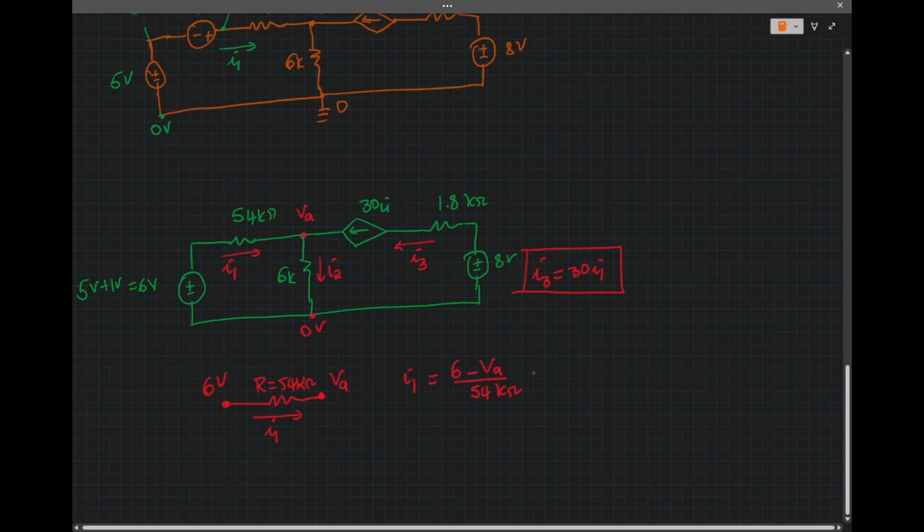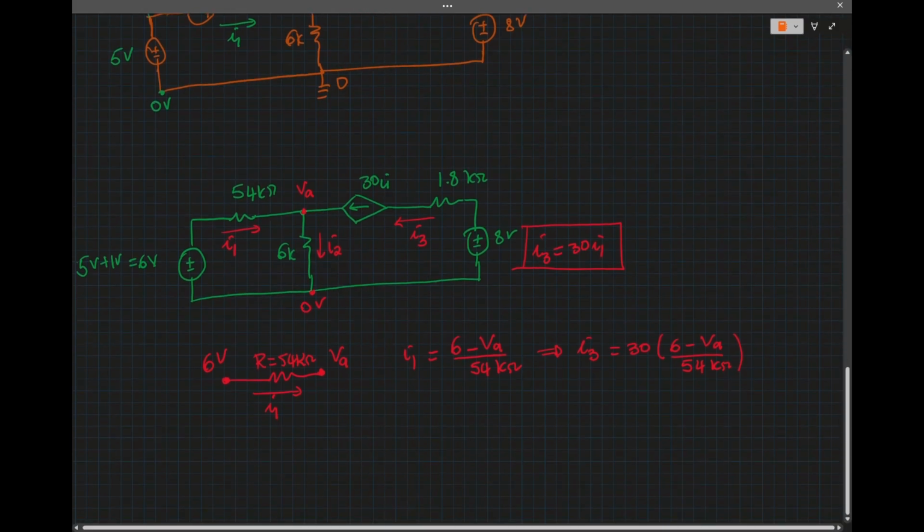This implies that I3 equals 30 times 6 minus VA over 54 kilo ohms. Okay, so now we're going to find the expression for I2.